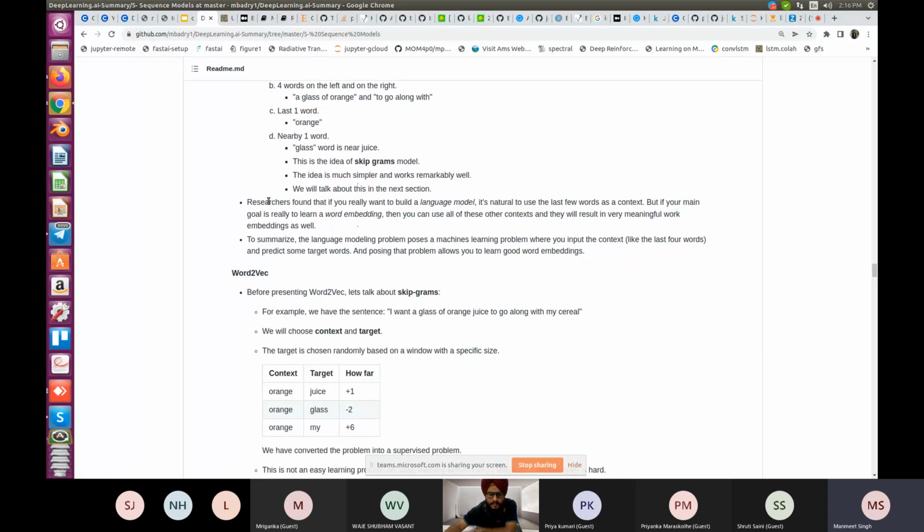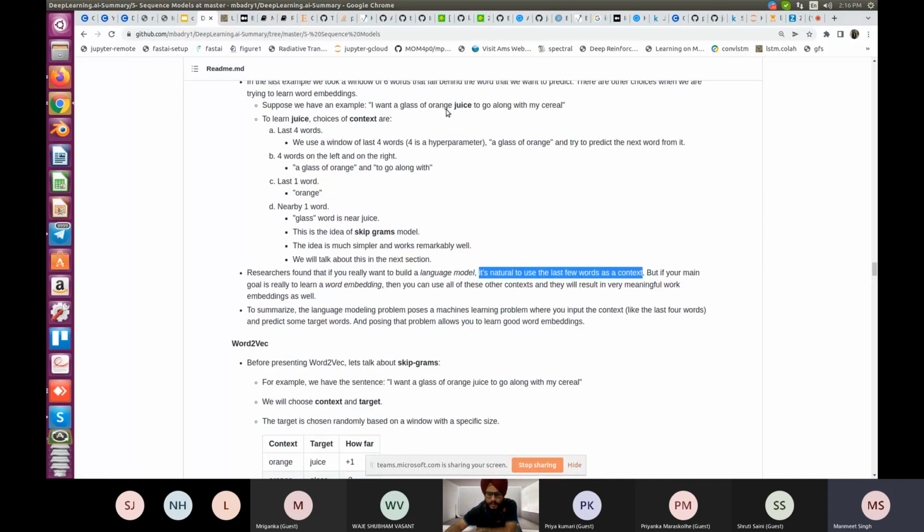Researchers have found that if you want to build a language model, it is natural to use the last few words as context. The last few words are a good context for the following word. But if your main goal is to learn the word embedding, then you can use all the other contexts. The other contexts can be the 4 words prior, 4 words ahead, the last one word, or any word which is nearby to the word you are trying to predict.